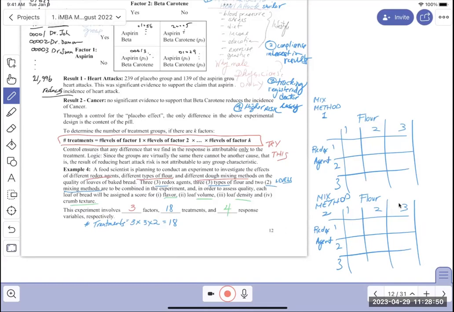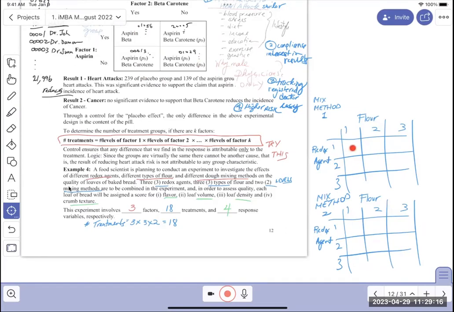So yes, it's important for you to be able to visualize and see. I'm doing the same thing I did here, and then this would be method 1, agent 1, flour 1, and you probably need to make more than just 1 loaf of bread, don't you think? Maybe there's other factors that we need to control against.